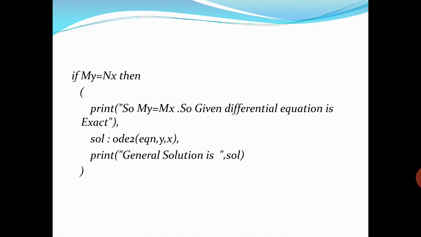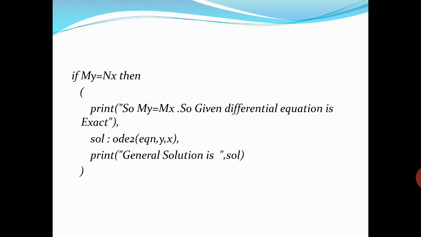SOL, solution, is equal to ode2, ordinary differential equation of two variables, ode2 of EQN, that is the equation, comma y, comma x. Close the bracket, comma. That is the solution of the equation of y with respect to x. Then we have to print, in another line, print "general solution is", close the double inverted commas, SOL, that is the solution stored in SOL.